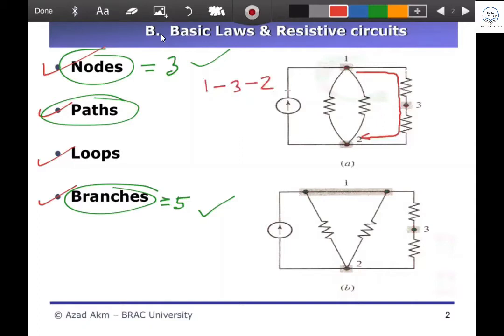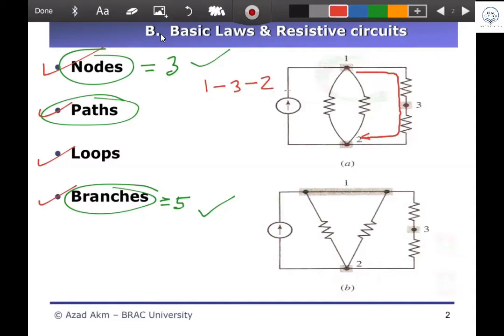That means you start from node 1 and go through the other node to the destination node without repetition. Listen, without repetition of any node. Have you repeated any node when you travel 1, 3, 2? No, sir. If there is no repetition, then it is called a path.